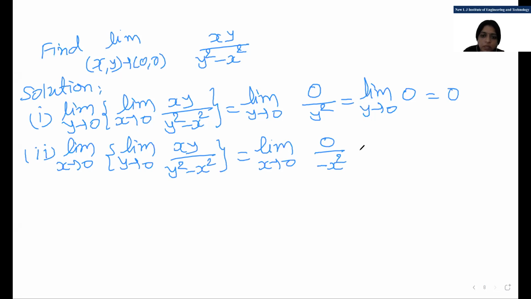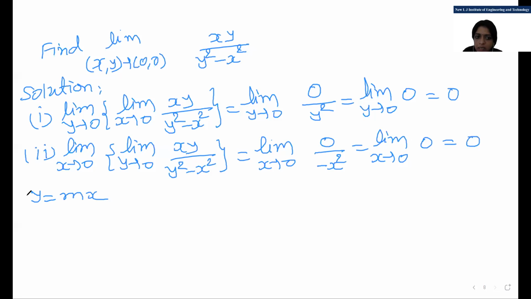But 0 upon anything is 0. So limit x tends to 0 of 0 is equal to 0. Students, here both limits are equal. Okay, but when we have to find the limit at the origin 0, 0, and if both limits are equal, then we have to go for a different path, and our third path, that is y is equal to mx.